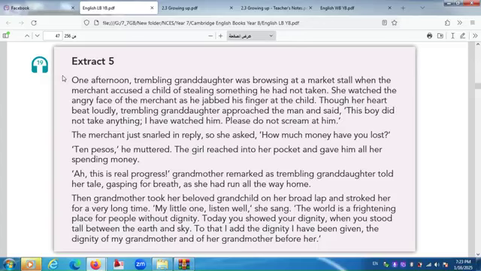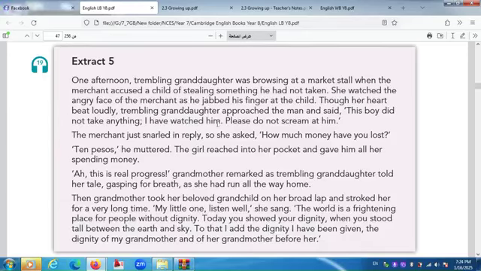Extract 5. One afternoon, trembling granddaughter was browsing at a market stall when the merchant accused a child of stealing something he had not taken. She watched the angry face of the merchant as he jabbed his finger at the child. Though her heart beat loudly, trembling granddaughter approached the man and said, "This boy did not take anything.